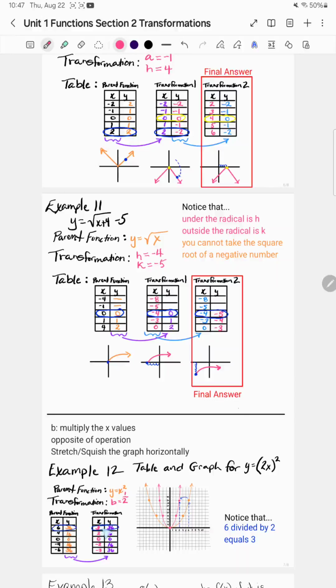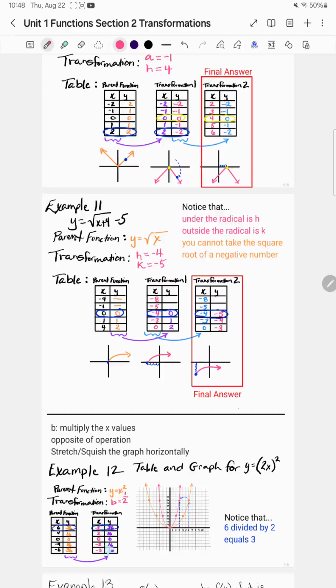So for each x value, that's what I'm going to do. So it says 6. 6 divided by 2 is 3. 4 divided by 2 is 2. 0 divided by 2 is still 0. -4 divided by 2 is -2. And -6 divided by 2 is -3.